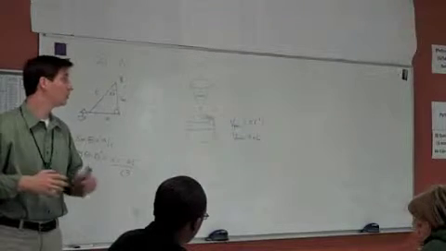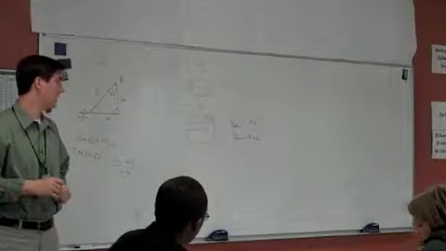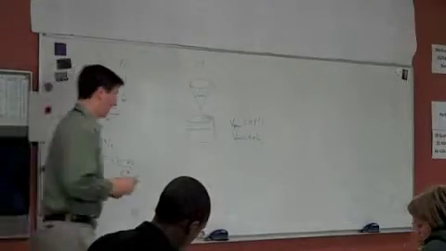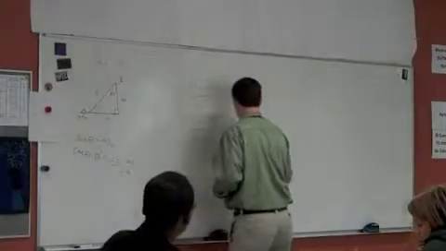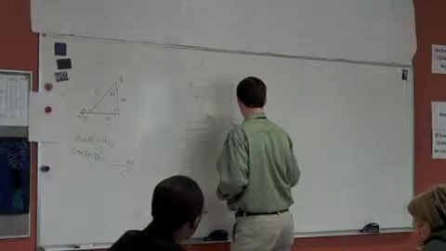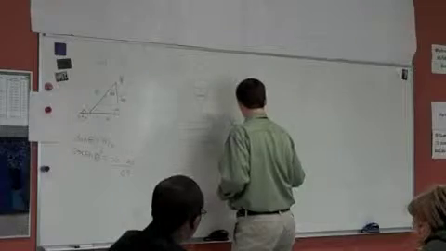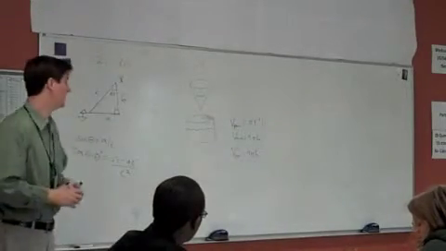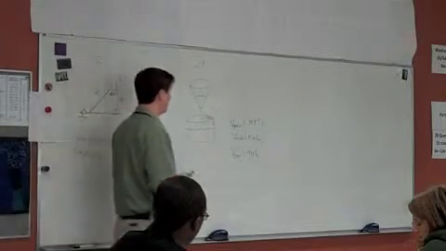V prime of the pot, or dV dt of the pot, is equal to 9 pi h prime. Or dH dt. dV dt equals 9 pi dH dt.